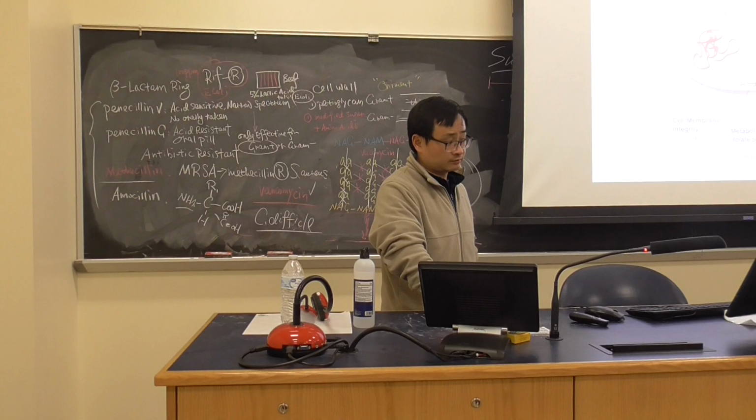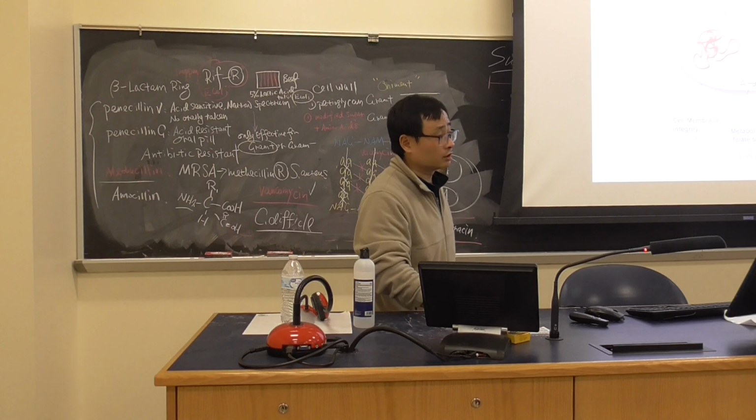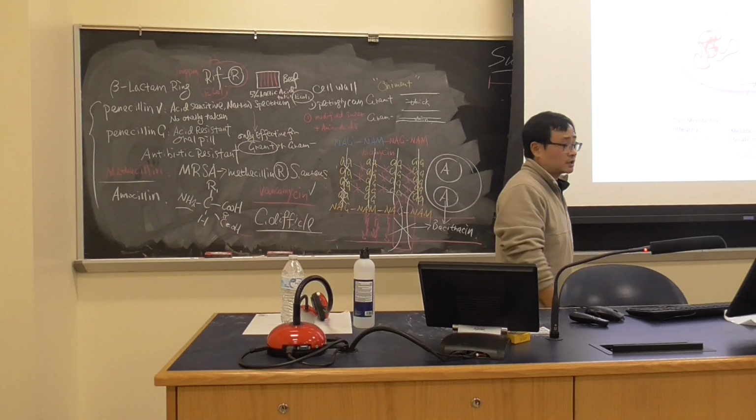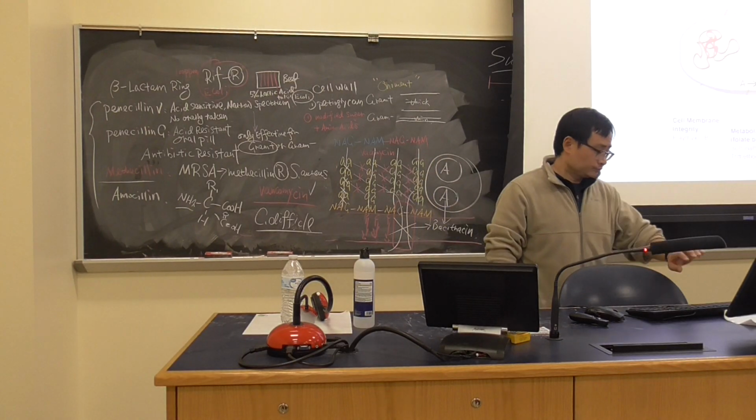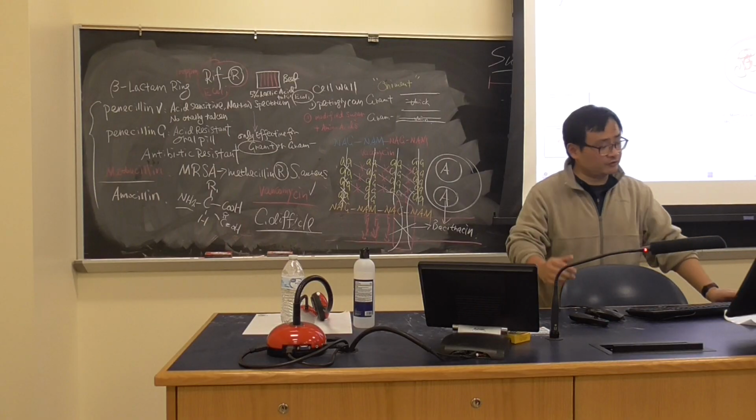So keep in mind, unless they target cell wall synthesis, the others are basically not very effective, or if they are effective, they will have very severe side effects, because human beings have cell membranes, proteins, and nucleic acids, but they do not have a cell wall. So that's a very interesting slide. Okay, so we finish about here.